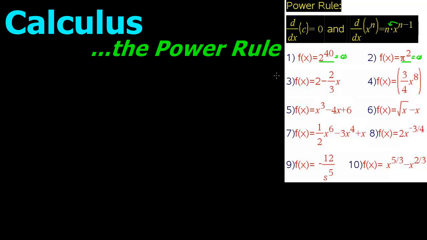Alright, so for number 3, we got 2 minus 2 over 3x. Alright, so this is going to be pretty simple.